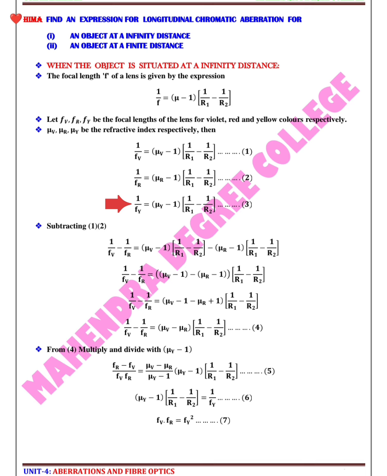This is equation number 3, where Fy represents the focal length for yellow light, mu y represents the refractive index for yellow light, and R1 and R2 are the radii of curvature of the lens surfaces.